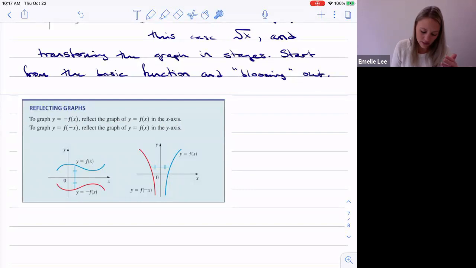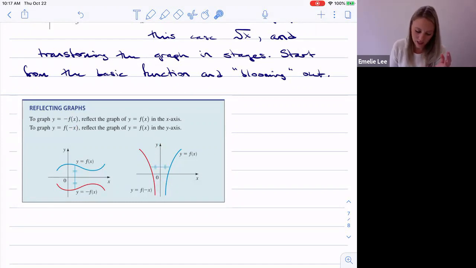then y equals negative f of x is just going to be it flipped on its side, right? So reflecting in the x-axis. Whereas if you've got a negative x, so here you've got a negative f of x, and here you've got a negative x, then your reflection is on the y-axis instead, right?